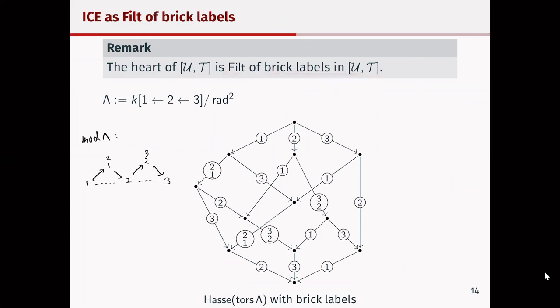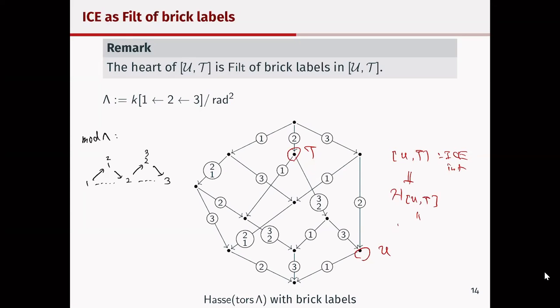I won't define what brick labels are, but this is due to Demonet, Iyama, Reading, Reiten, and Thomas, and the Hasse quiver of torsion classes has a natural arrow labeling by bricks. So in this Nakayama algebra case, we have this kind of brick labeling picture, and in the previous example, we see that this is an ICE interval.